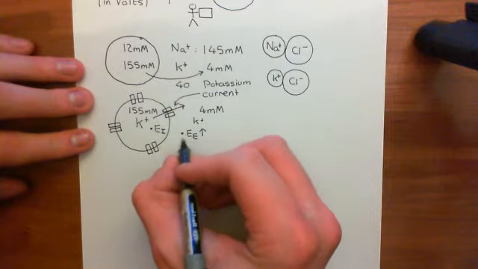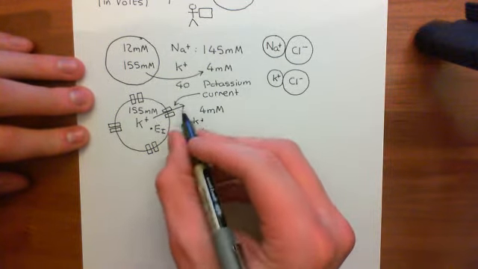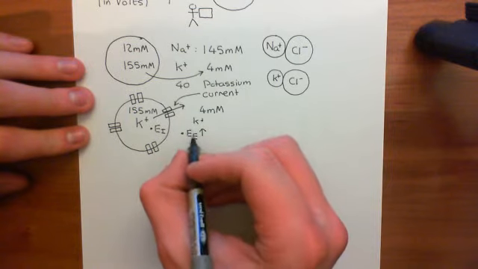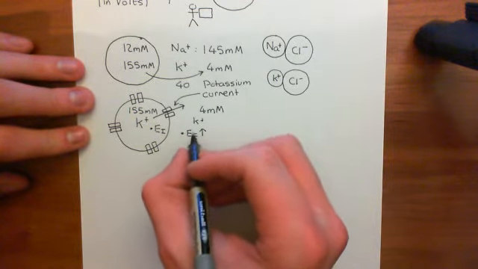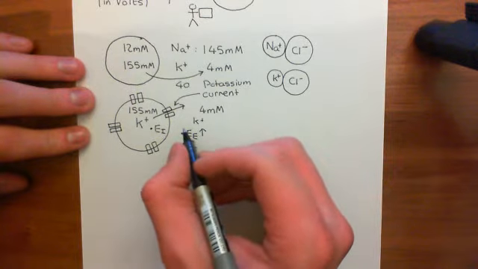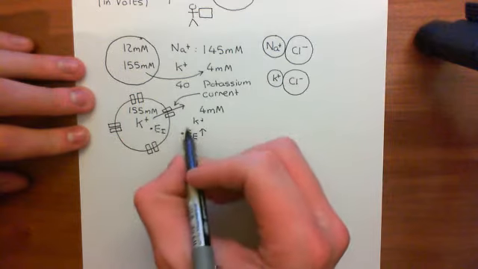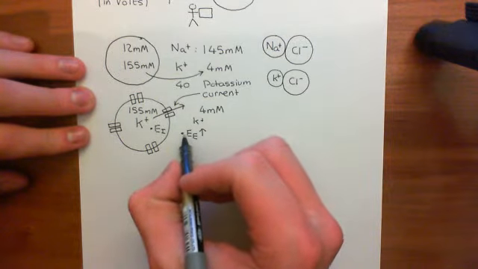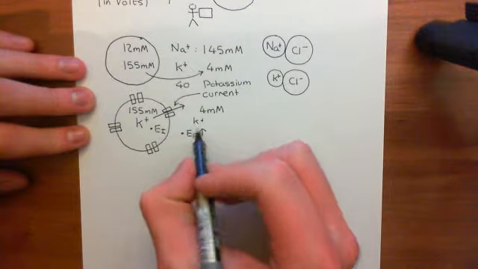So this number, the electrical potential extracellularly, will go up because we are moving positive charge into the extracellular fluid. Okay, so where you have positive charge, that boosts the electrical potential of that area basically. So, dumping more positive charge into the extracellular fluid will raise the electrical potential extracellularly.